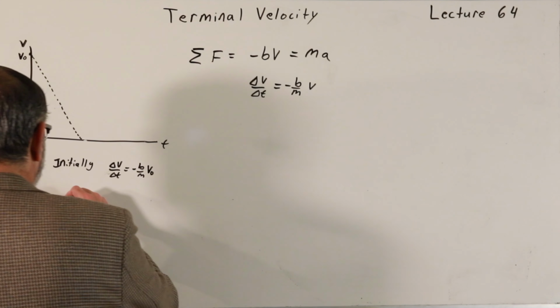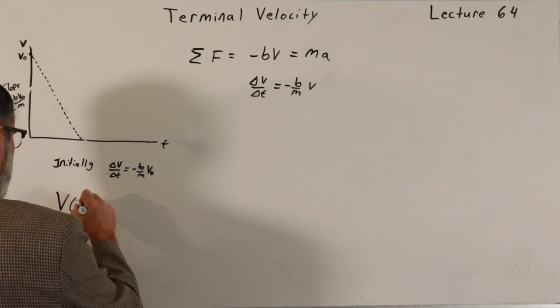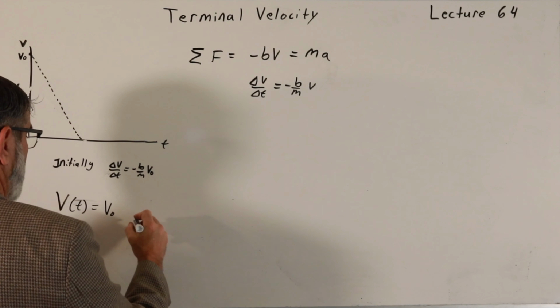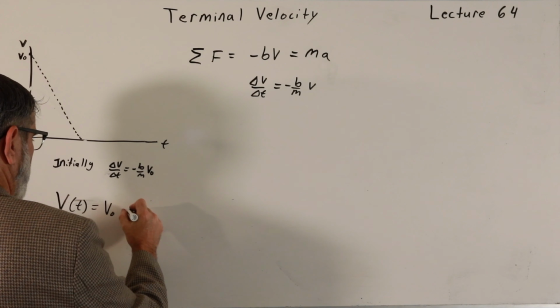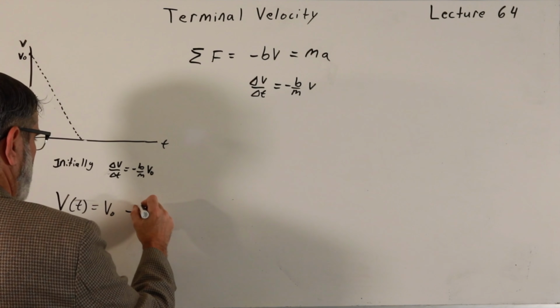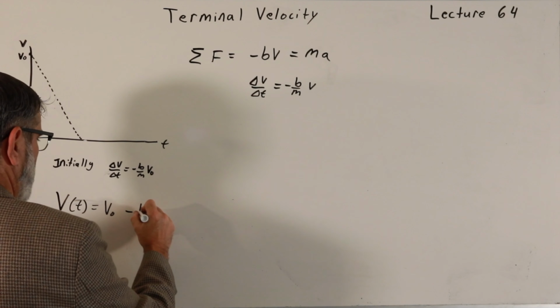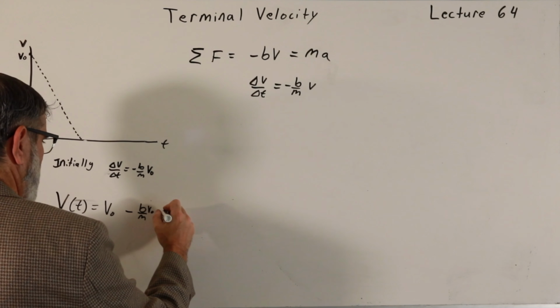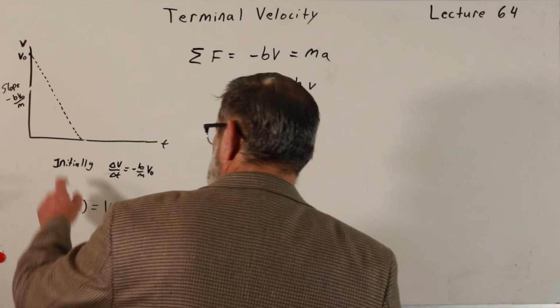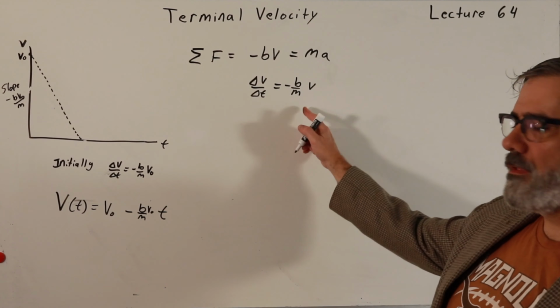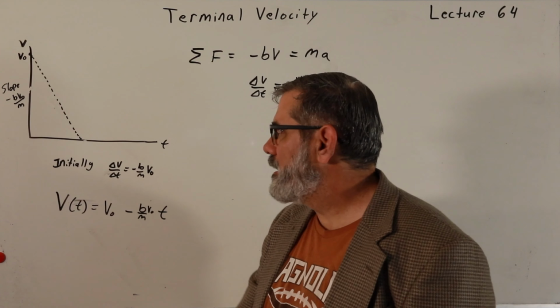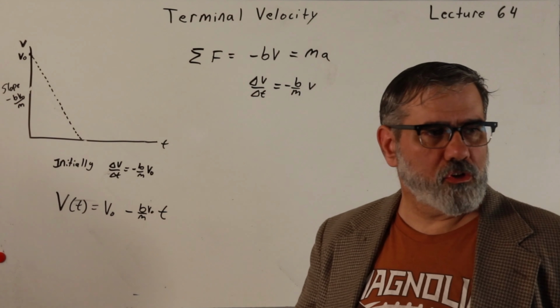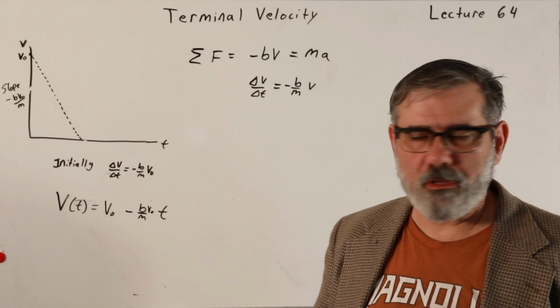So the velocity as a function of time is going to be equal to the initial velocity minus b v naught over m times the time. That's just for this dotted line, so that's if we were decelerating with that initial acceleration that we experienced, okay?